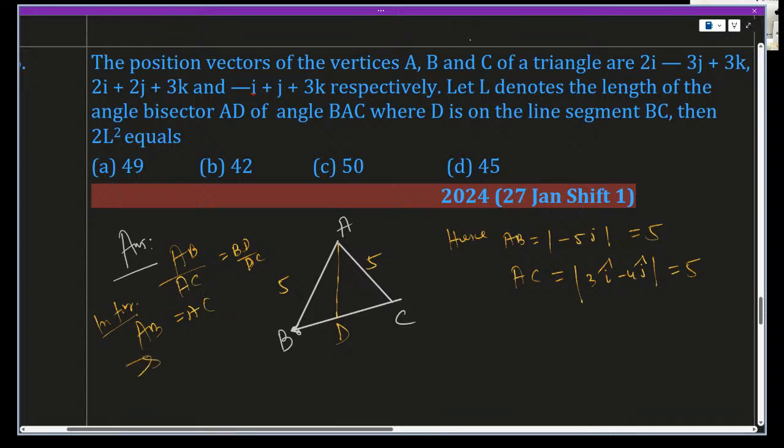What does this imply? BD equals DC. So this is the midpoint of B and C. So the position vector of D will be what?